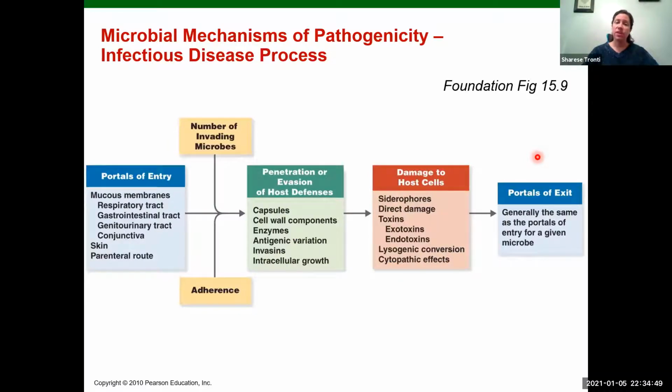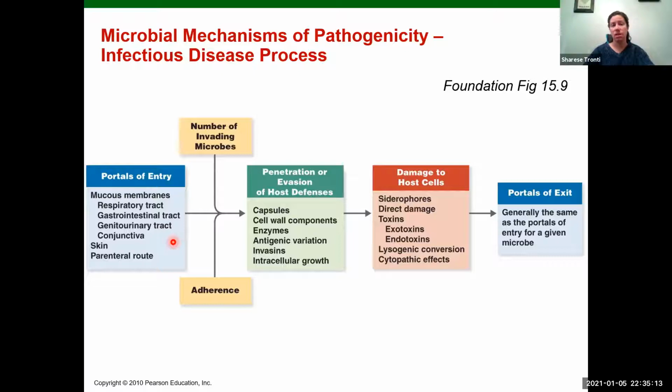So here's the infectious disease process. It's the process in which microbes cause disease. First, they enter. They can enter the body through different ways, and we're going to talk about those. Whether or not they are able to overcome the immune system and cause disease is based on different factors. That can be based on how they entered into the body.